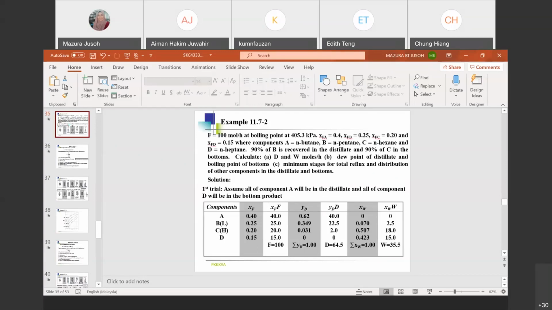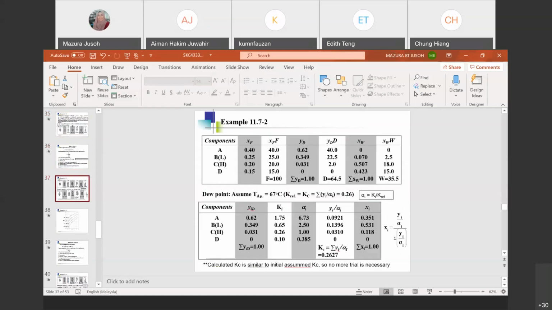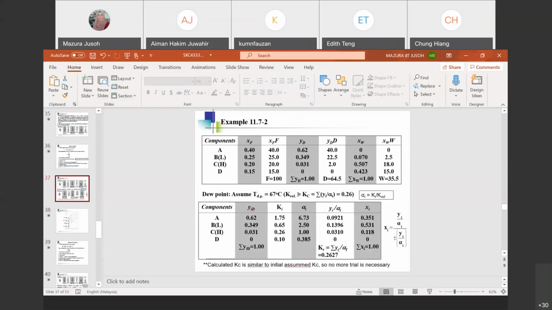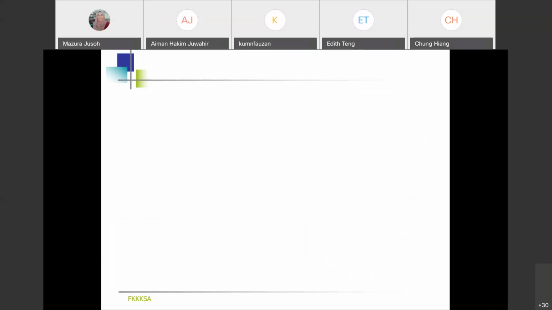That's how you calculate the D and the W. If you remember, this is what we did in finding the temperature. Because your first trial was already good enough, you don't have to do a second trial. Next, it's quite similar to what we would do in dew point calculation.